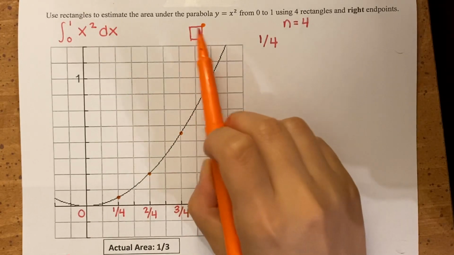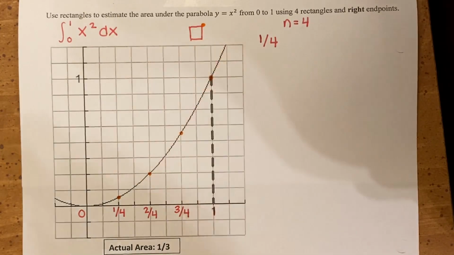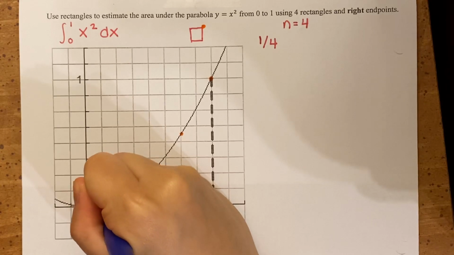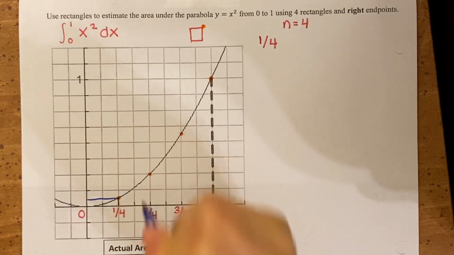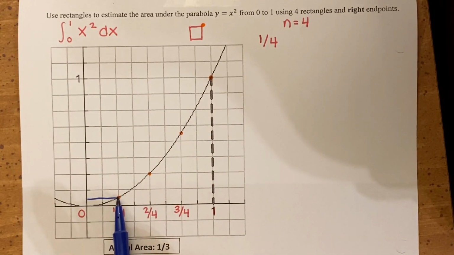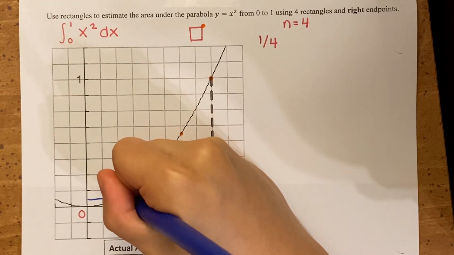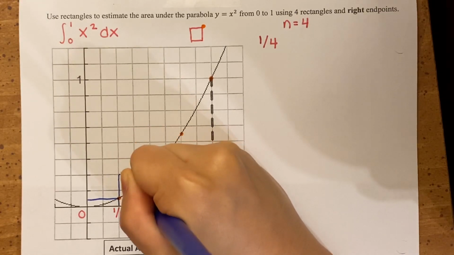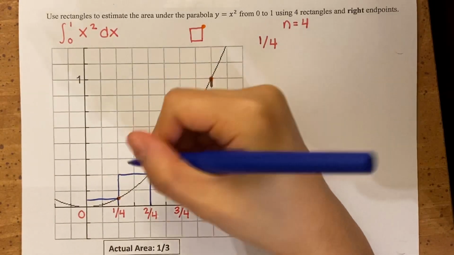Okay, so that's what my rectangles should look like. Drawing my rectangles, I'm going to do it in blue. My first rectangle is going to look like this. Notice how my dot is on the right corner, just like that. My next rectangle is going to look like this, and so on.